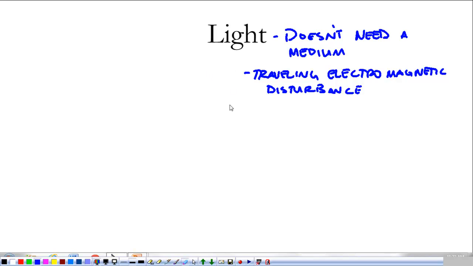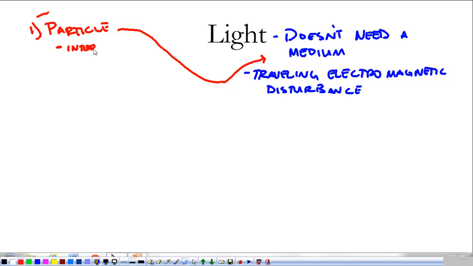And we talk about light two ways, and this may be kind of tricky, but what we say is that it's two things. One, it's a particle. And this kind of helps us deal with not needing a medium. And we see light as a particle in things like its interaction with electrons.